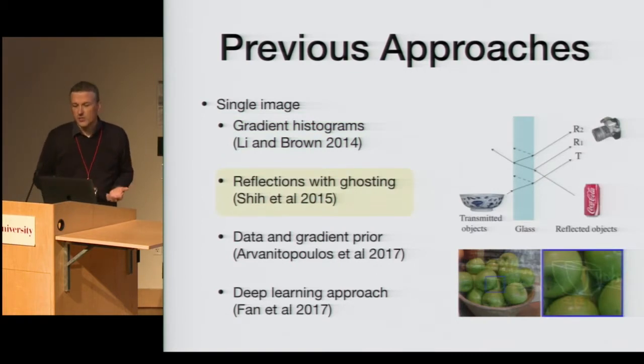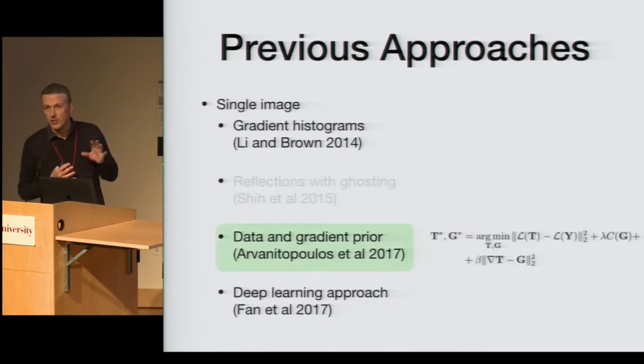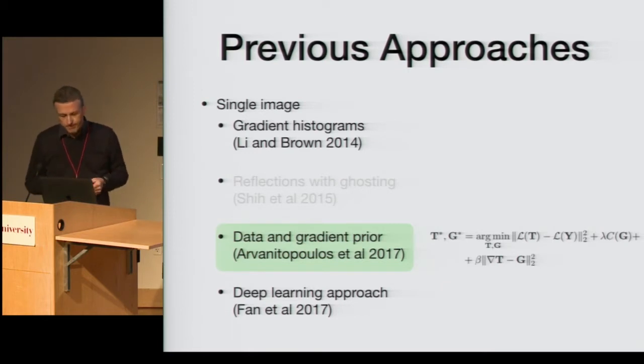Also, there is some recent work where the reflection could be separated based on the double reflection effect that we have in some glass, which creates this ghosting artifact, and which creates a very different effect for the 2 layers to be distinguished. We don't compare to this one because we consider single reflections.